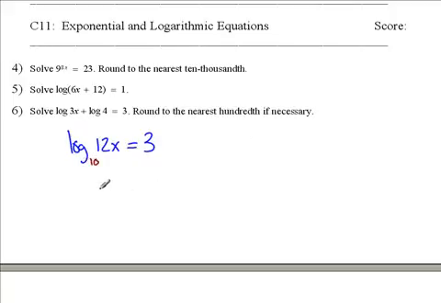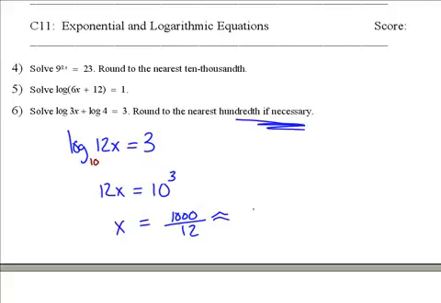Therefore, I could write this as 12x equals 10 to the third. So x equals 1,000 divided by 12, which turns out to be 83.33 to the nearest hundredth.